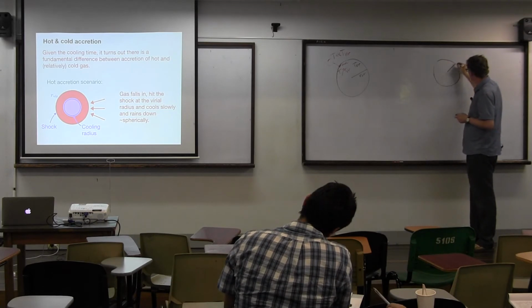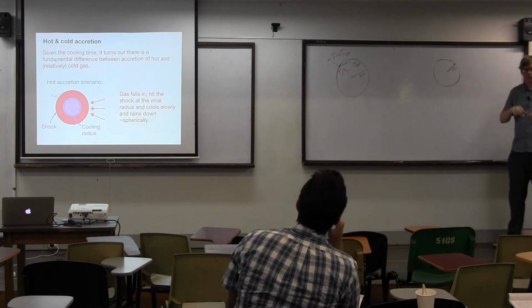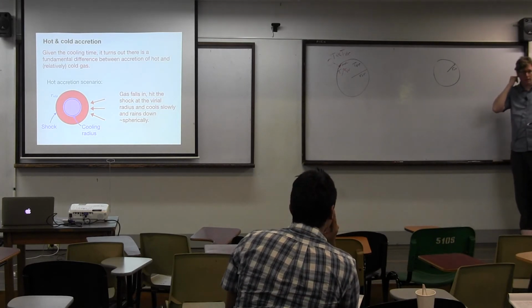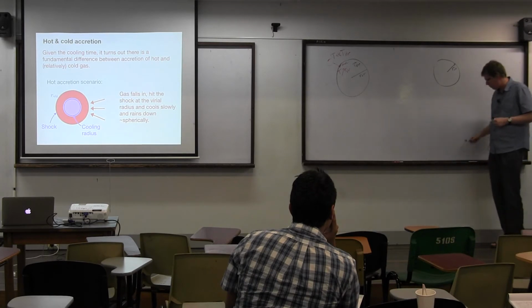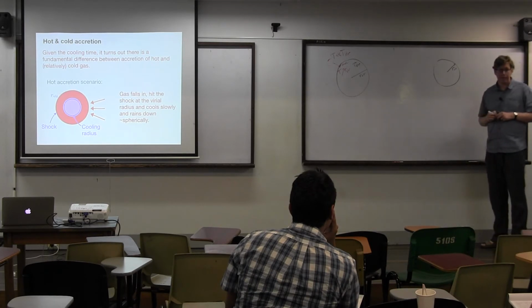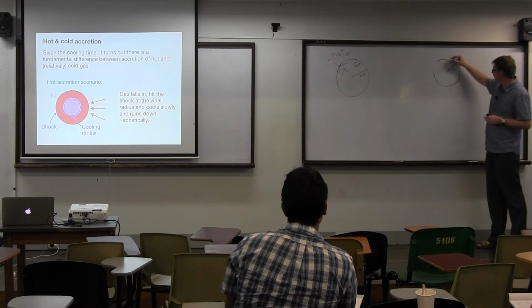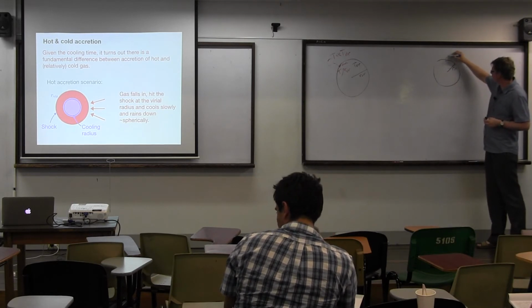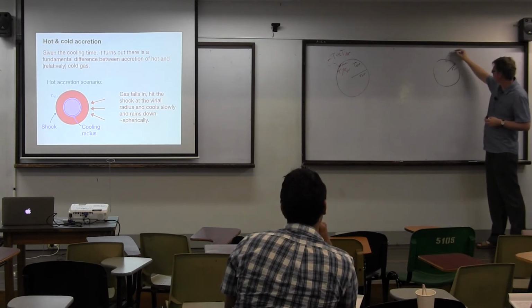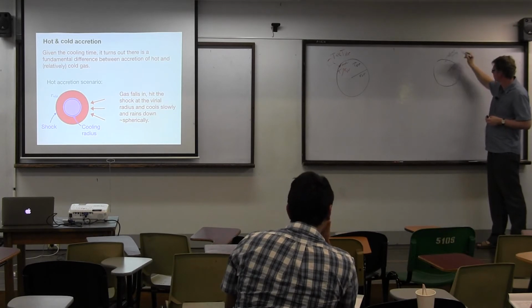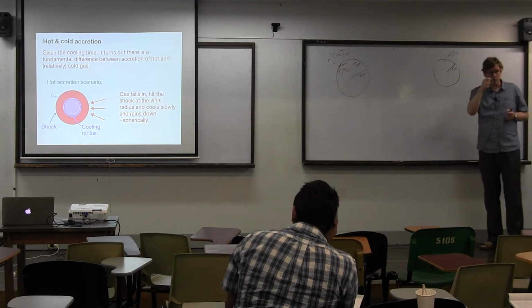Now, assume in this case that I will have things coming in, and at the virial radius, the density is quite low, and the temperature is high. So here, I have inefficient cooling. So that means things fall in.